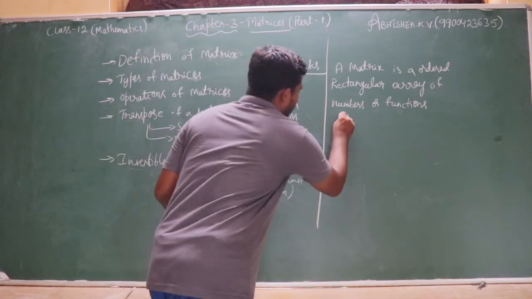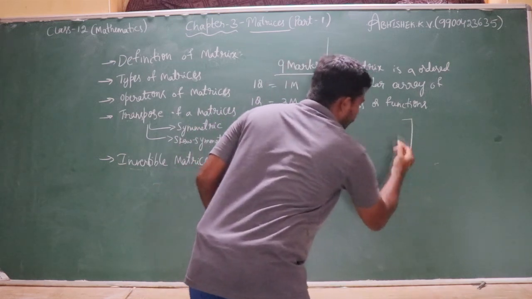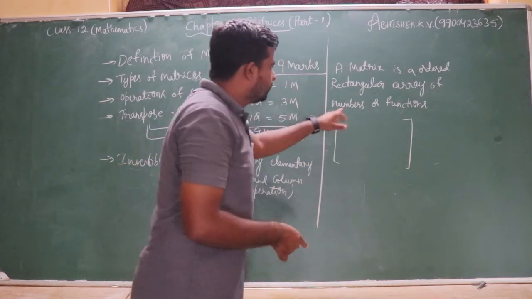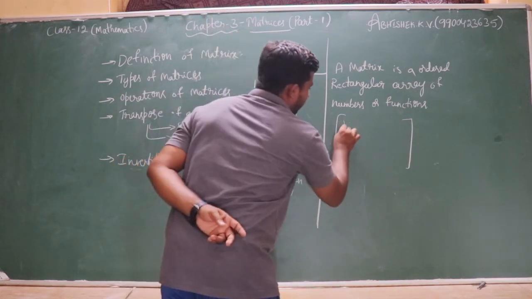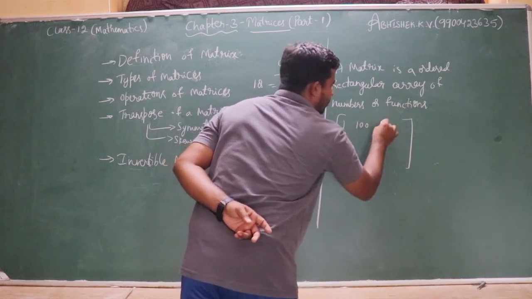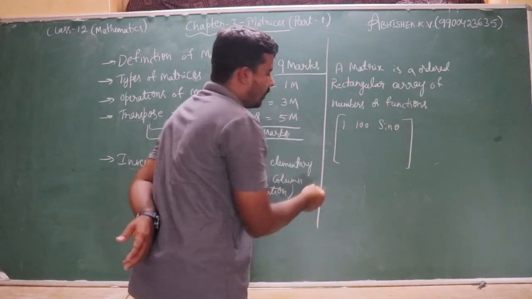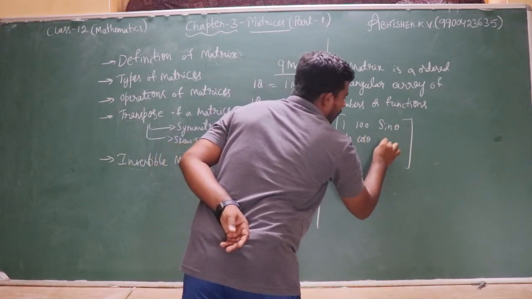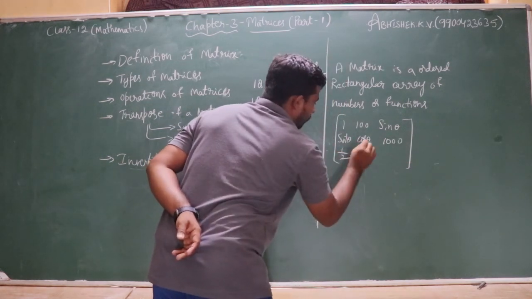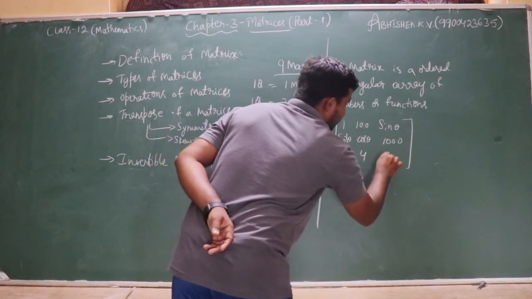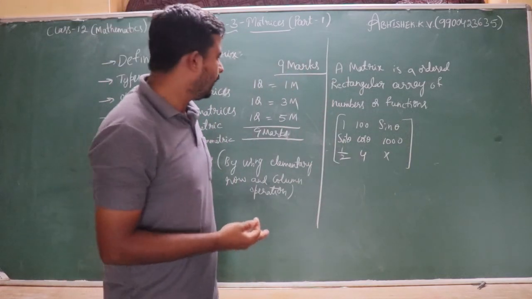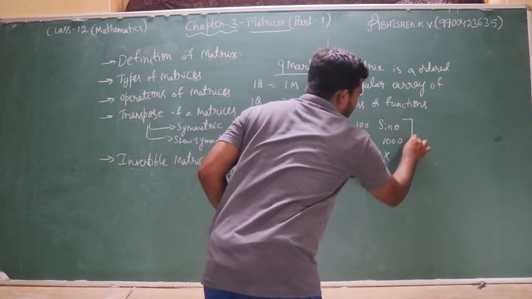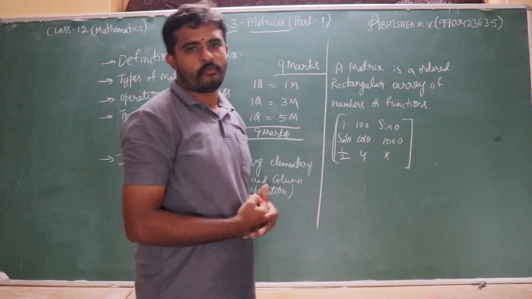For example, see, this is the rectangular array. This rectangular array contains what? Numbers or functions. See, it may be 1 or 100, or functions like sin theta, or sin inverse theta, cos theta, or it may be 1000, or it may be 1 by 2, 4, or x. x is also a variable, right? So a matrix is an ordered rectangular array of numbers or functions.